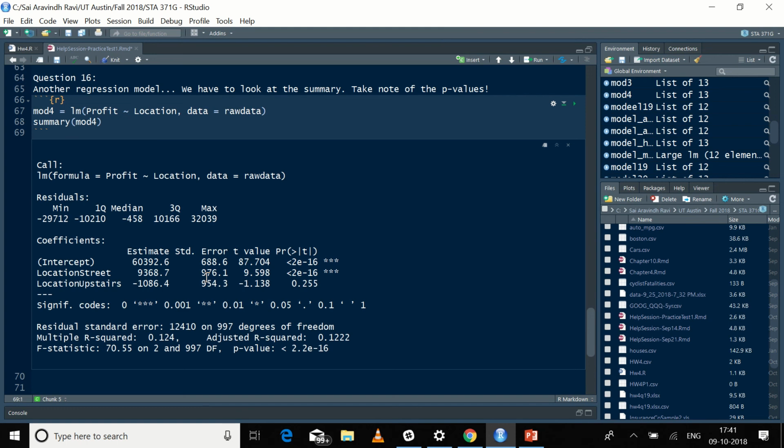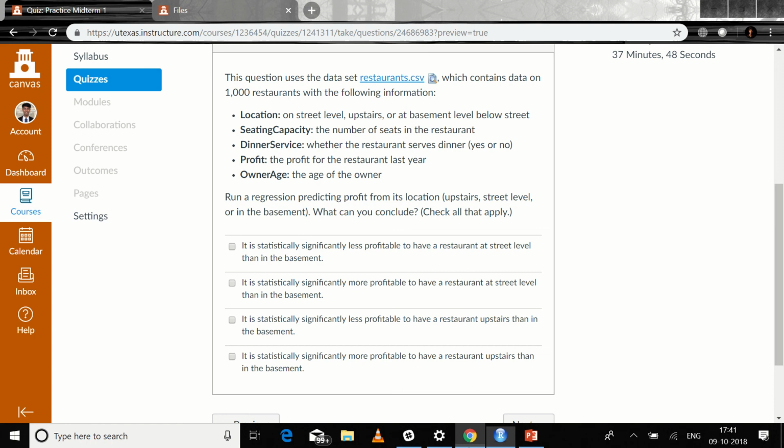So remember to read the question properly. In this case, the question says that it is statistically significantly more profitable to have a restaurant upstairs than in the basement, which is not true, because that variable is not statistically significant.